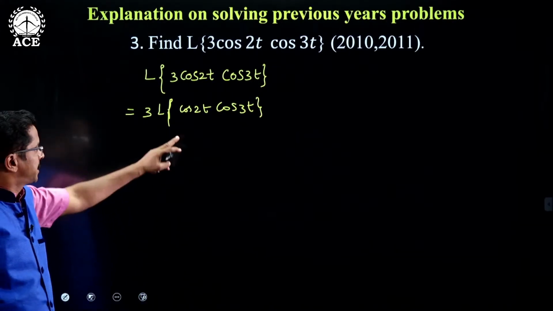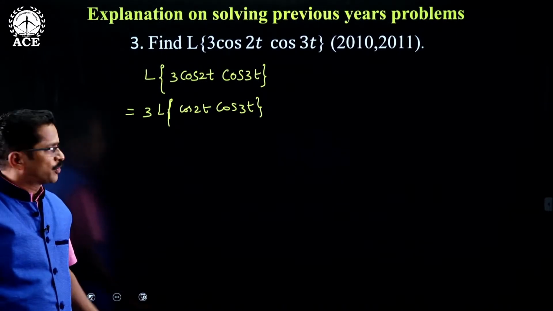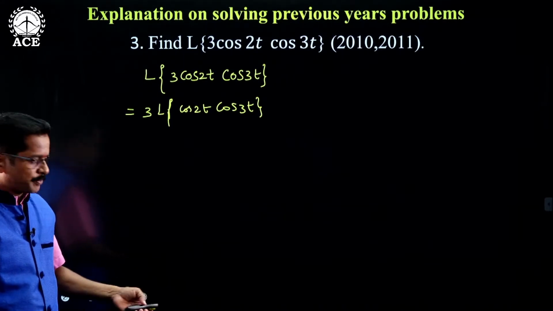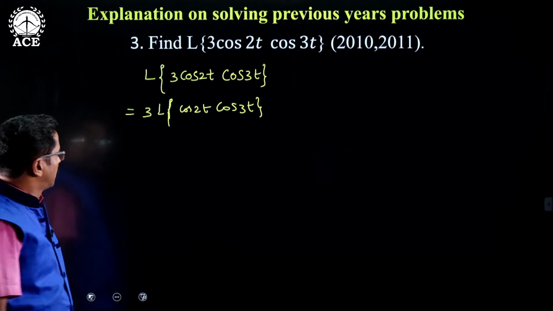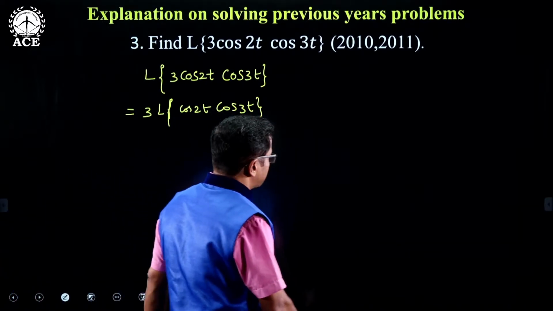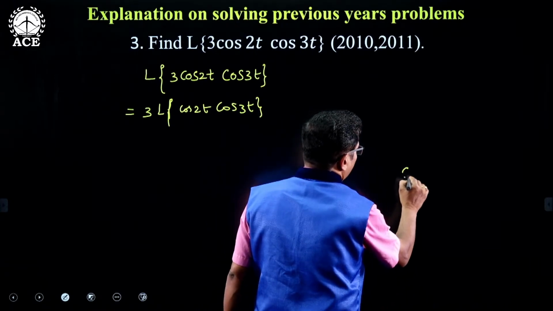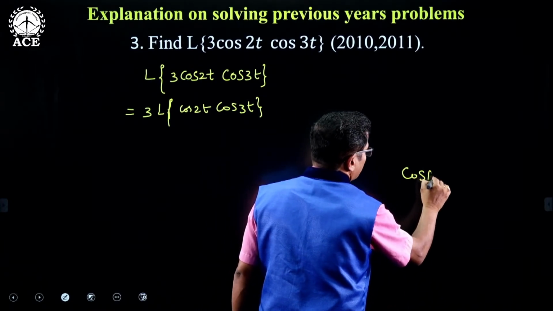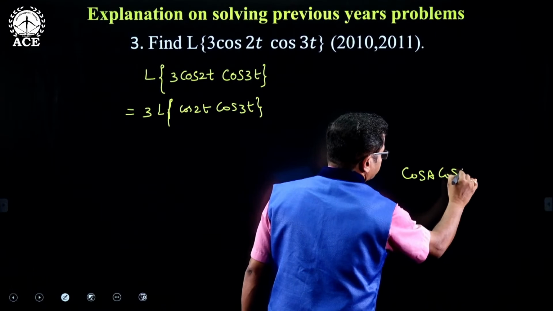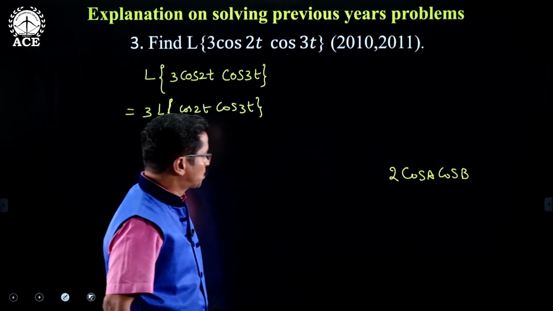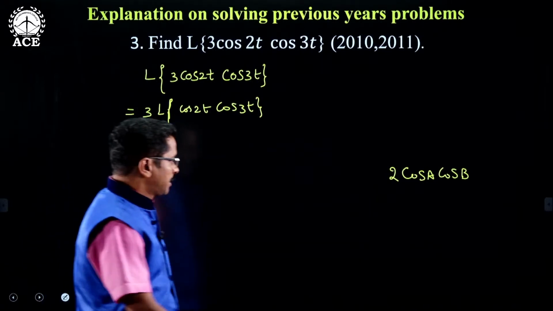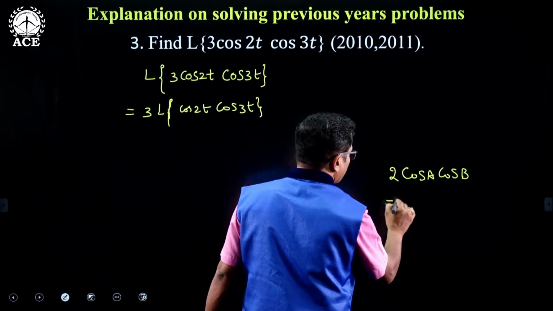Again you convert, this is a product. So you convert it how we did in the previous problem. If it is cos A into cos B, if it is 2 cos A cos B, what is the formula?